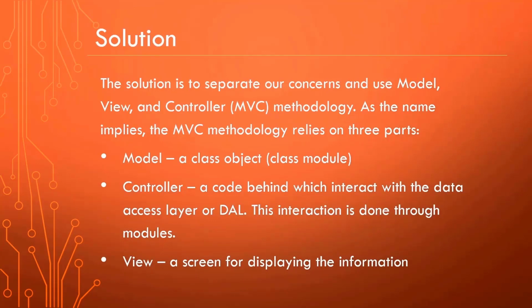And the controller is what is the interaction, the action itself. Now in the MVC we call that action method or action result. These are all actions, and it uses the model, which is the object, to create what is needed.